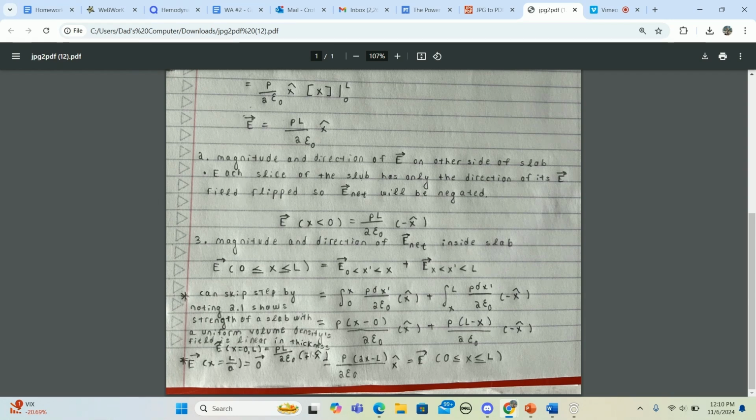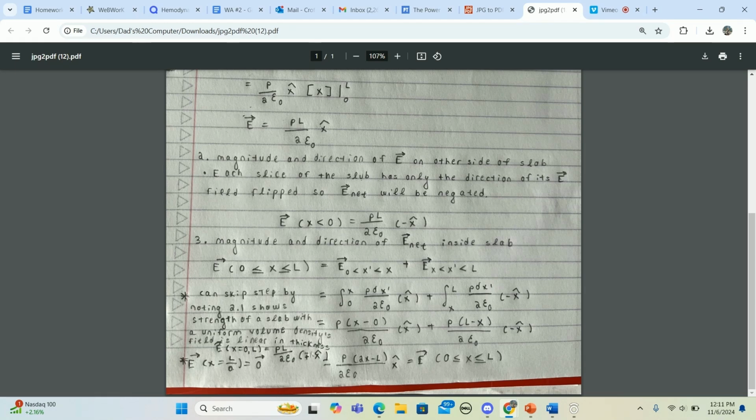But it's important to note that we can skip this step by noting that the answer to the first part shows the strength of a slab with uniform volume density's field is linear in its thickness. That means that the electric field where x is equal to 0 is equal to ρ times L over 2 epsilon naught.